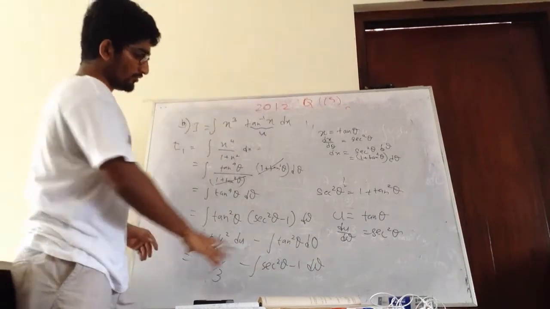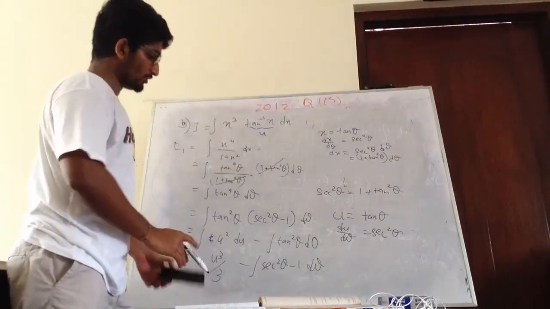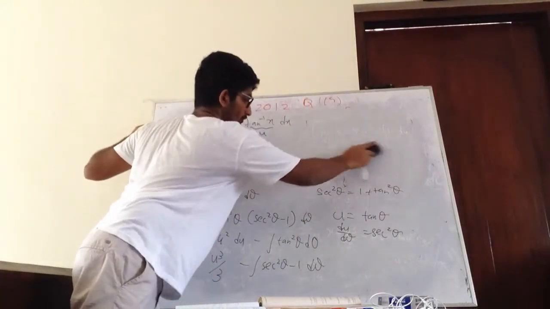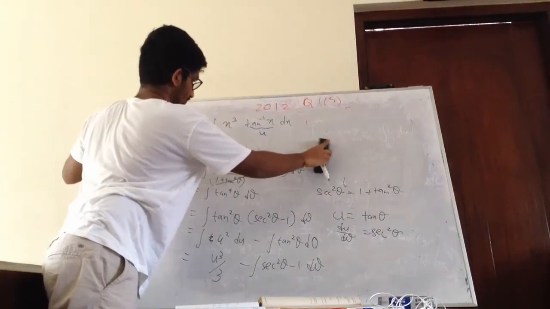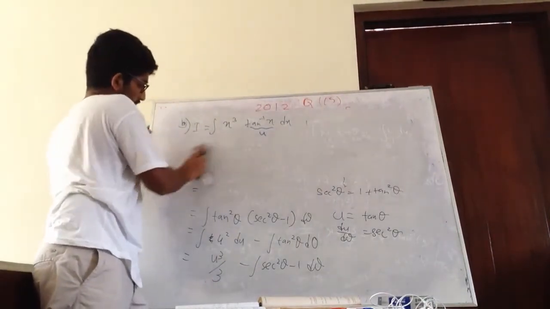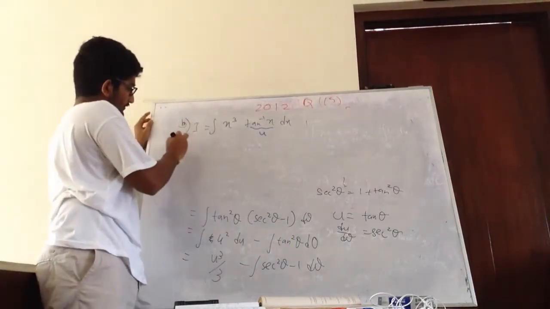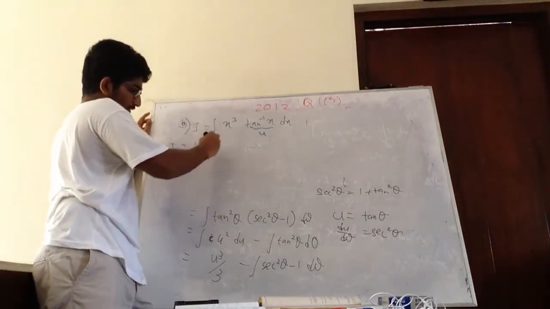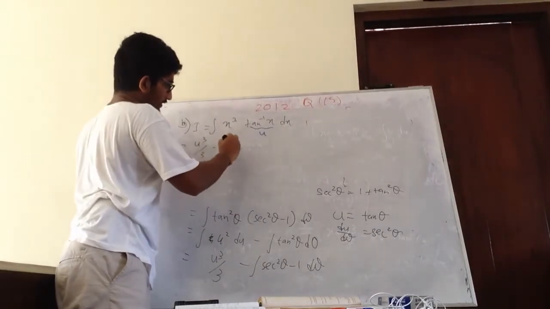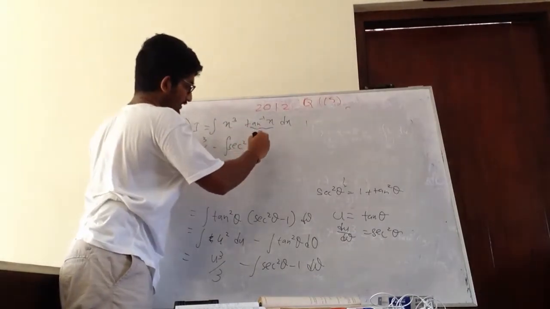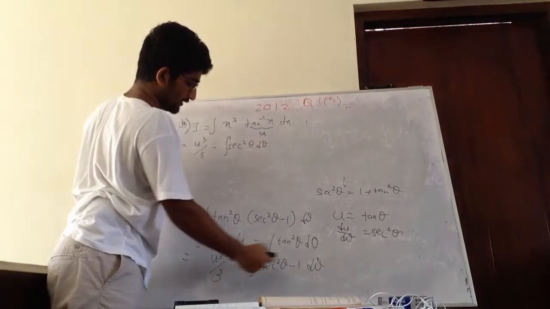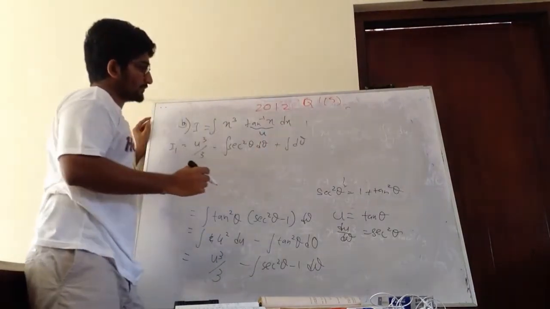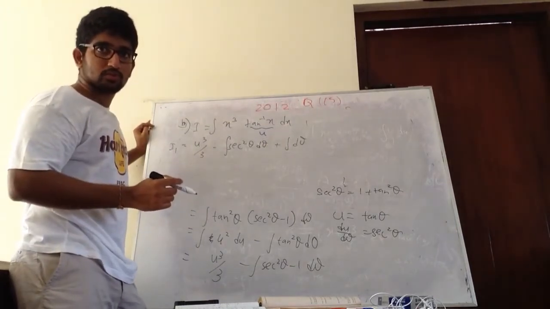So now if I come back here, we will get u cubed over 3 minus sec square theta d theta, minus minus will be plus d theta. Correct?